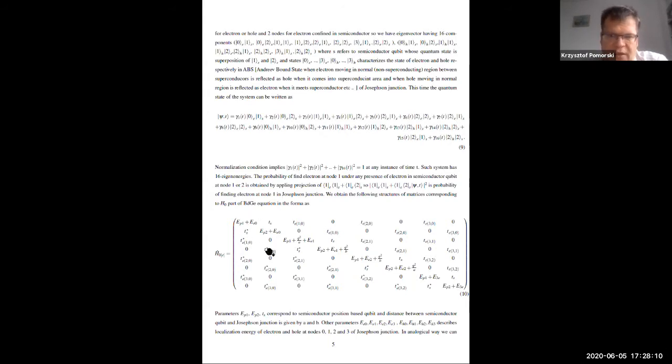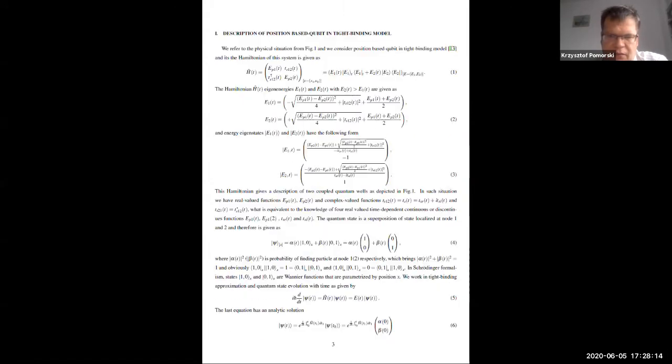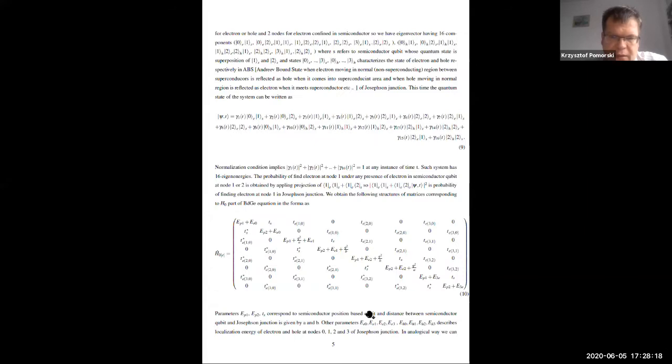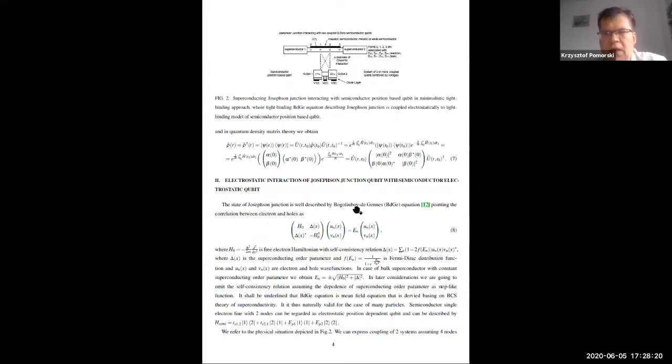So first of all, maybe I will come back to the first situation, where we have the Bogoliubov-de Gennes equations alone. Let me first describe only the state of the Josephson junction without the presence of external semiconductor qubits. So I have 4 possible states for the electron.